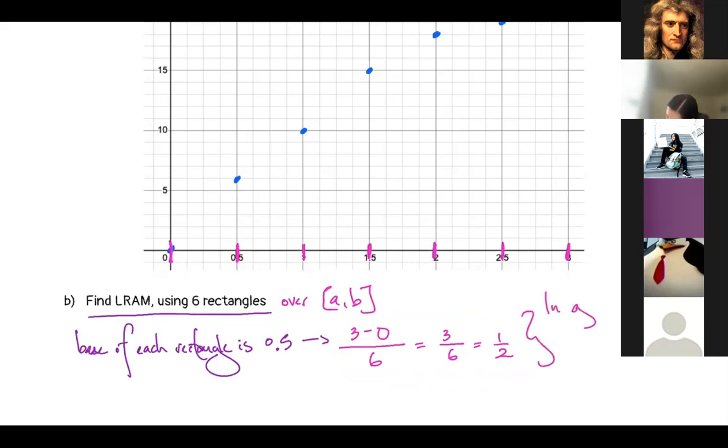So in general, base equals b minus a over n, where b is the end of the whole interval, a is the beginning of the whole interval, and n is how many rectangles you want.